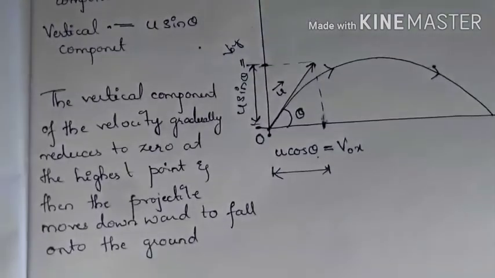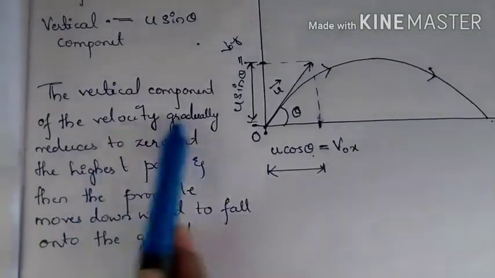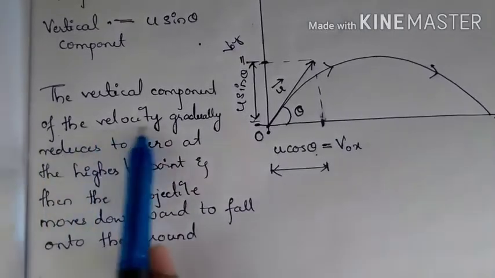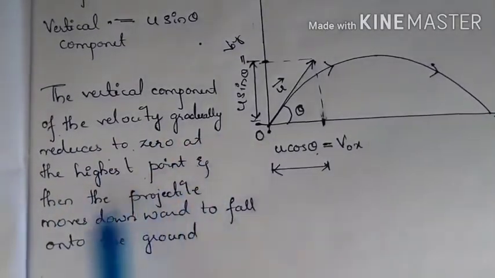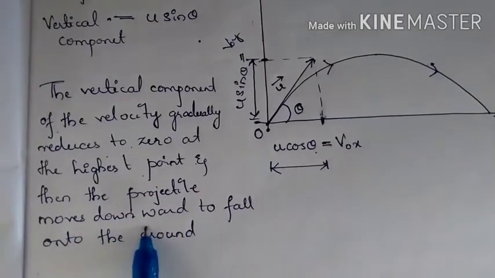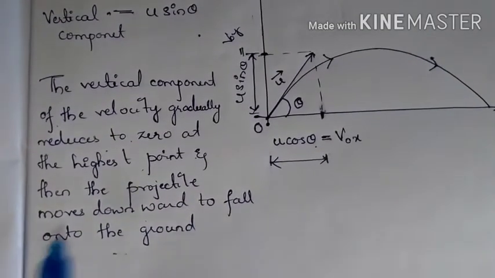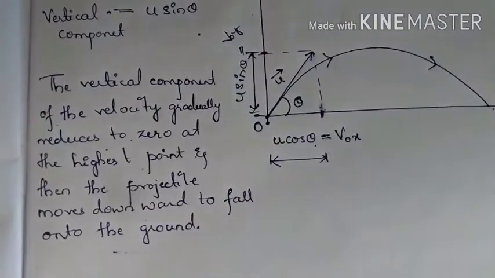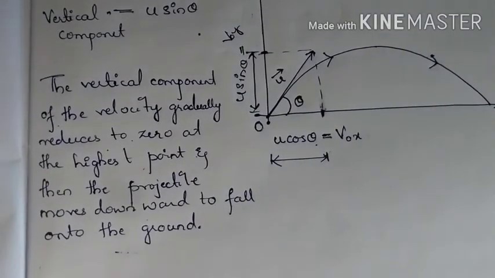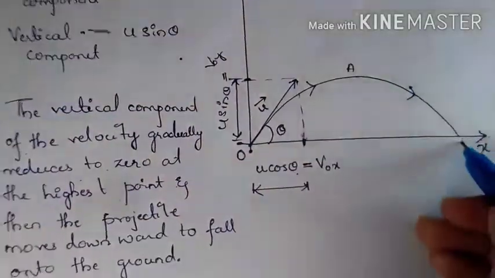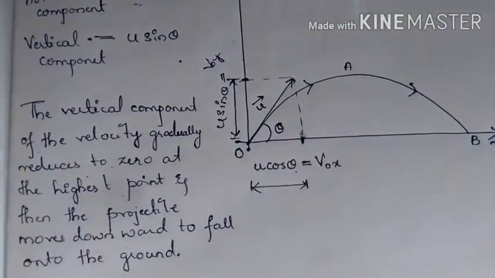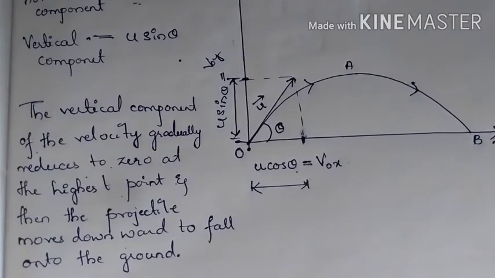That is what I have written here. The vertical component of the velocity gradually reduces to 0 at the highest point and then the projectile moves downward to fall onto the ground. So at the end the projectile falls to the ground. Now here O, A, B is the trajectory of the projectile.